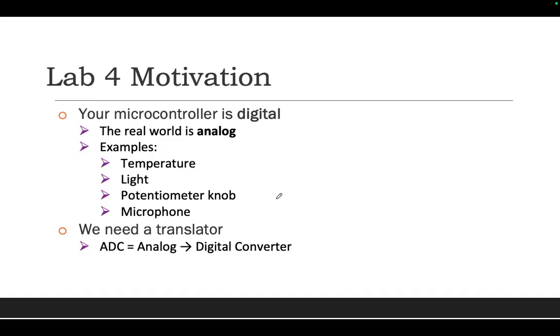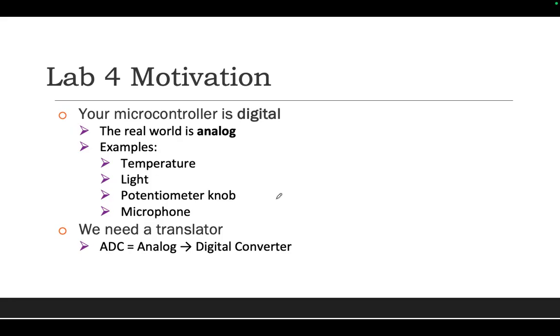We know your microcontroller is digital. Like I said, in your microcontroller it is always 3.3 or 0. You have already finished 3 labs, am I right? You can see your pin always reads 3.3 or 0: on, off, high, low.